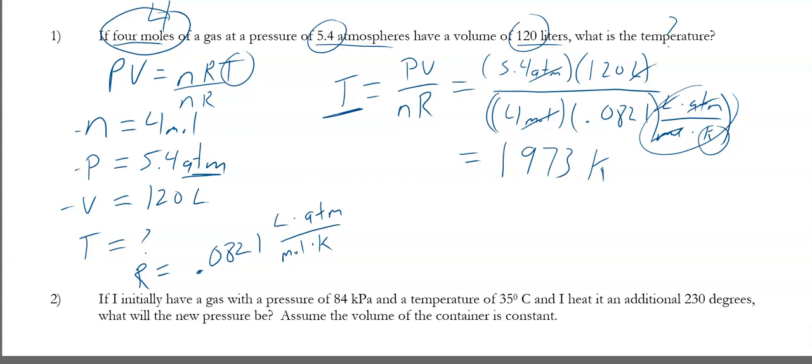So if I wanted to round this to sig figs, I would round up to 2,000. But this only has 1 sig fig, so I could write this as 2.0 times 10 to the third Kelvin. Okay, to pay attention to the sig figs. All right, so that's an example of using the ideal gas law.